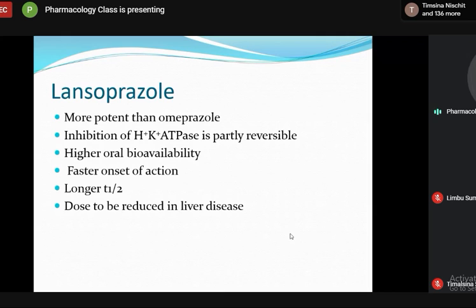With lansoprazole there is an inhibition of hydrogen potassium ATPase, which is partly reversible. It has a higher oral bioavailability with a faster onset of action and a longer plasma half-life than omeprazole. For liver disease, the dose of lansoprazole has to be reduced.